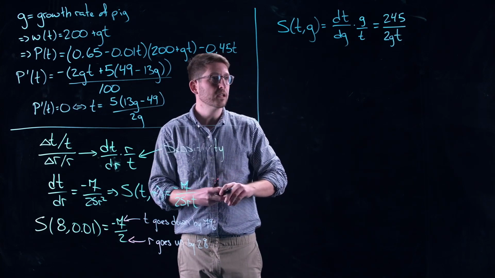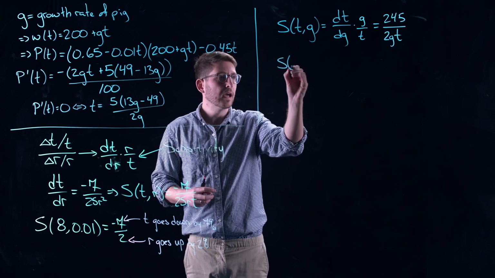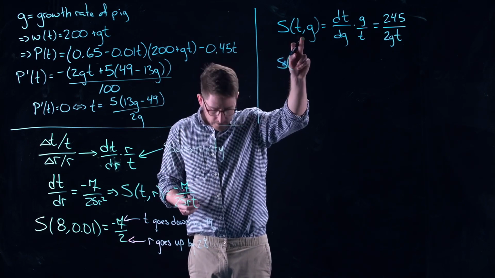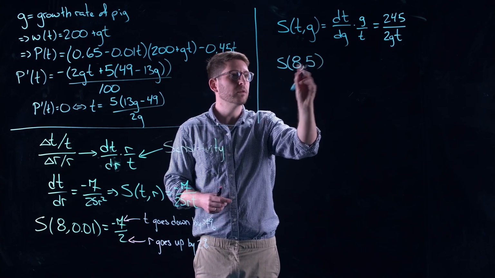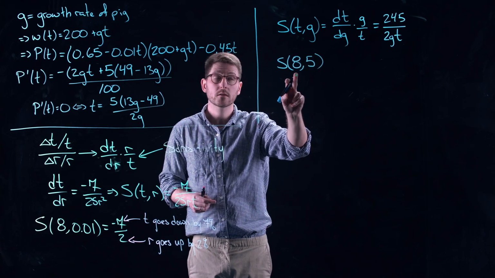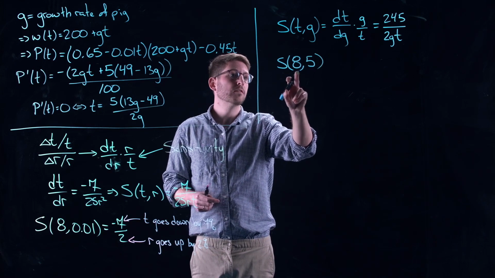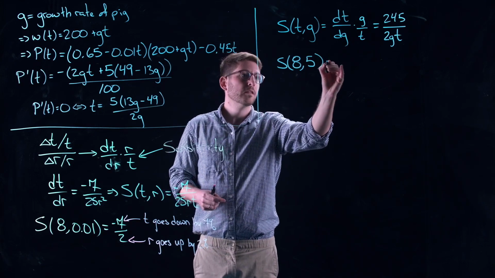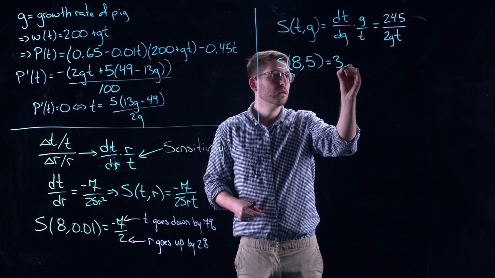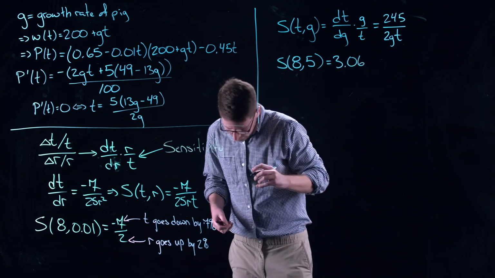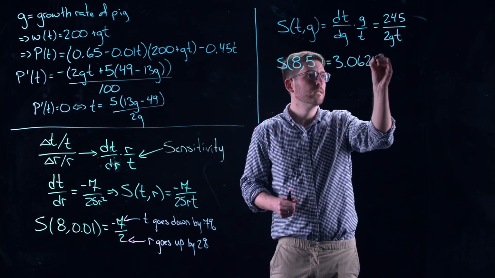And in particular, if you're going to do g equal to 5, again, from the beginning of the lecture, we were told that we need to sell after 8 days. So S of 8 comma 5, this is going to be 3.0625.